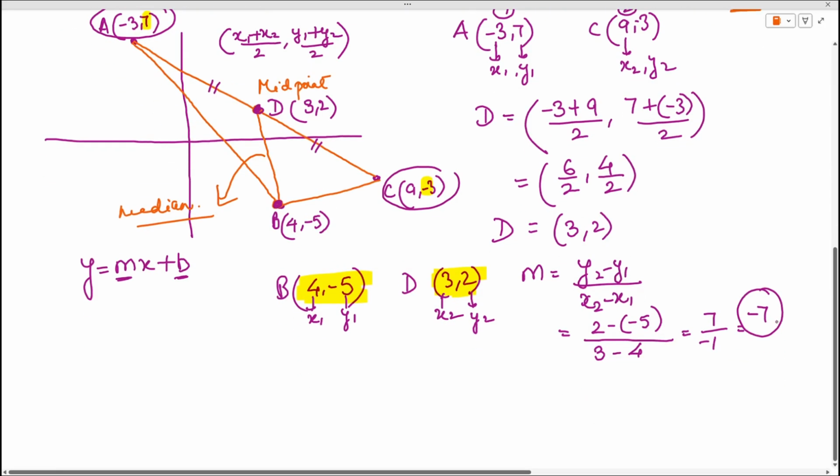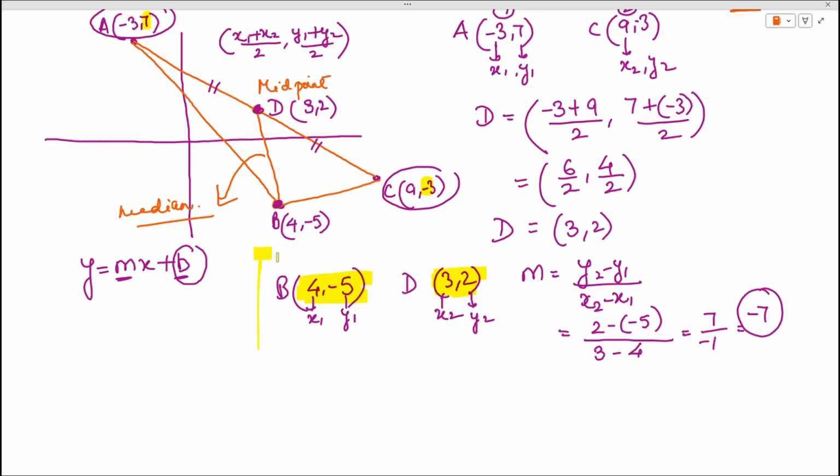Now that we've got the slope, we need to figure out the y-intercept. We can use any one point. Let us take this point and this slope and put it in the equation y is equal to mx plus b.